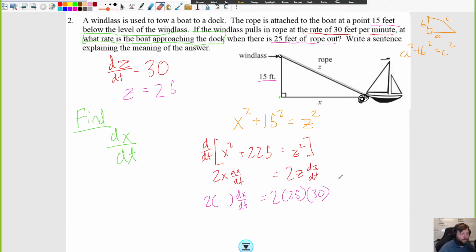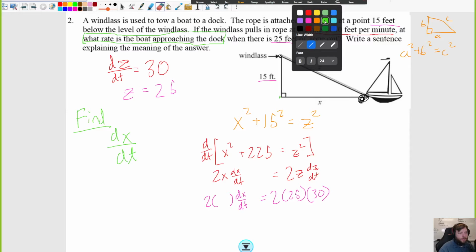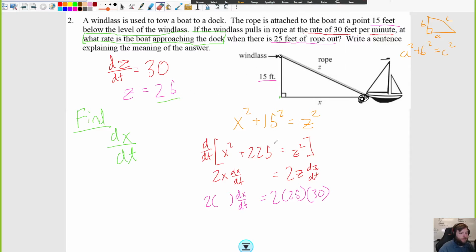What's my x? I don't know this, but I know I can plug things in because I know z. So I'm going to say x squared plus 225, that's 15 squared, equals 25 squared. And you might not know 25 squared, so you do it on a calculator and you get 625.